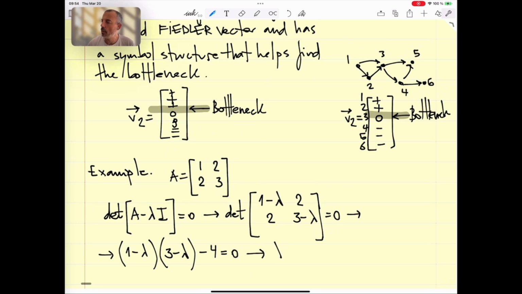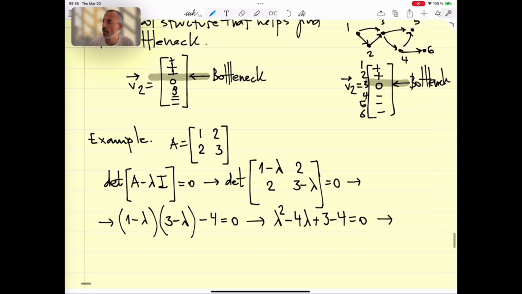This means that lambda squared minus 4 lambda plus 3 minus 4 equals 0. Okay. You solve this, lambda squared minus 4 lambda minus 1 equals 0.